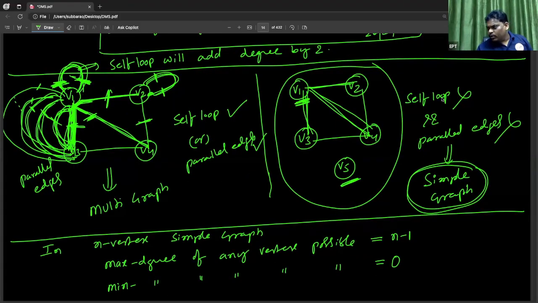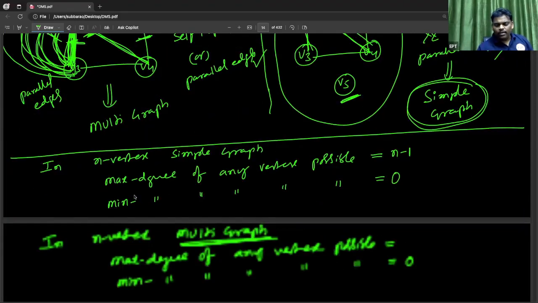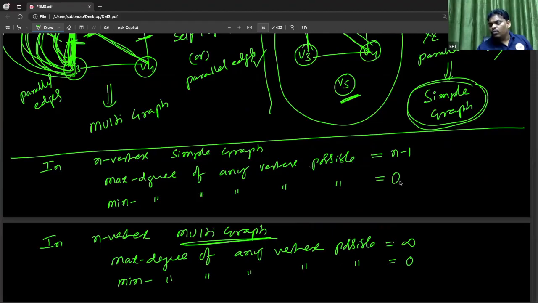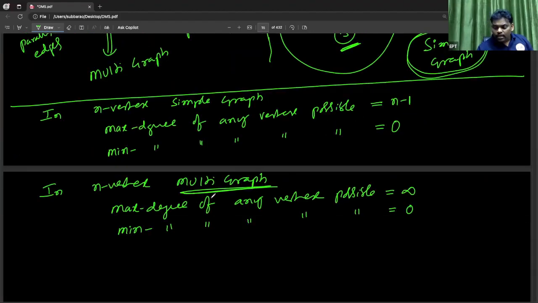So when you say n vertex simple graph, self loop is not there, parallel edge is also not there. Both are not allowed. Suppose any one is there or both are there, that is called multigraph. Now come here. For an n vertex simple graph, maximum degree of any vertex is n-1, minimum is 0. For an n vertex multigraph, maximum degree of any vertex possible is infinite, minimum degree is 0. Any doubts till now?